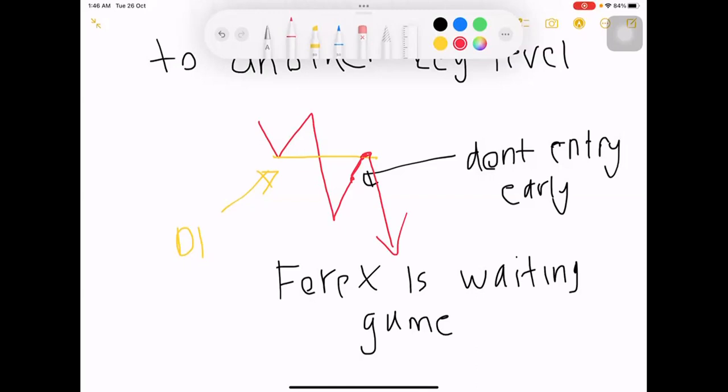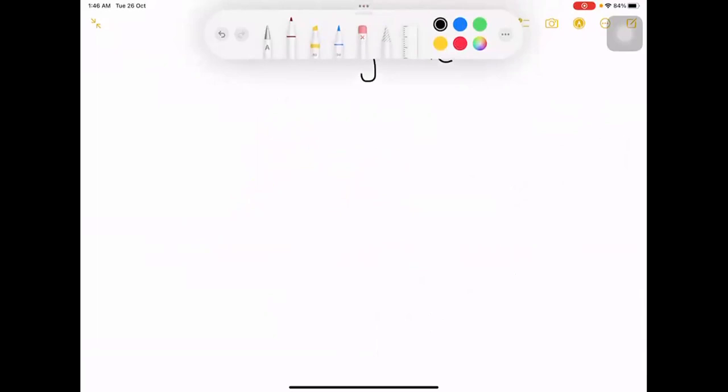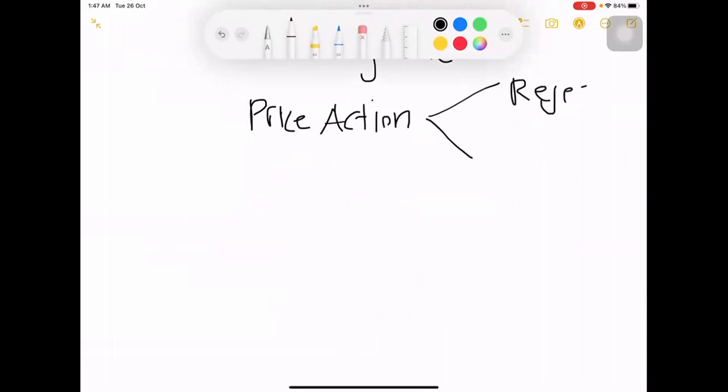So next we go to price action. So price action we have two only. Reject or breakout. But this one, what are the confluence? We must monitor what?